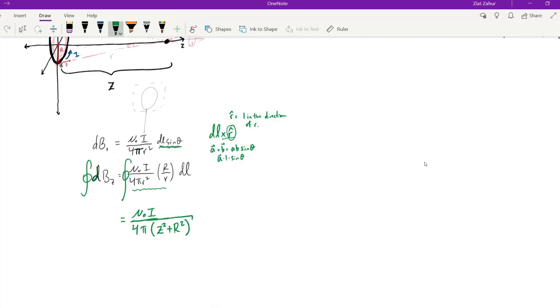It's the square root of that, but we have to square it, so that gets rid of the square root. Times R, which is a constant, divided by r again, but this time there's no square. So that's z squared plus R squared, like so.